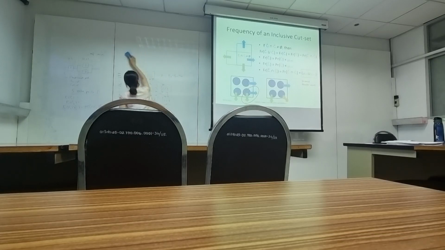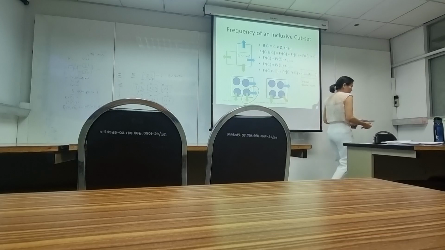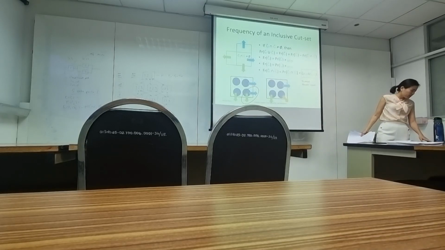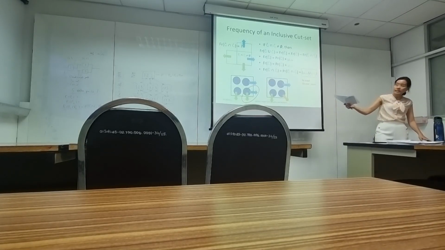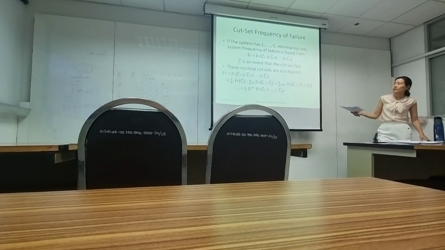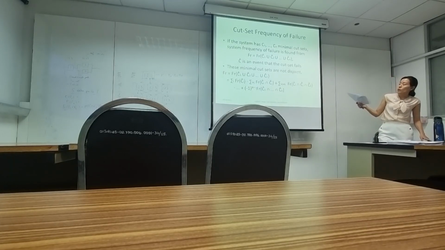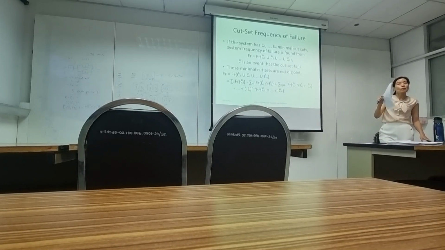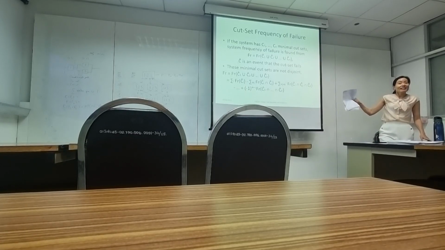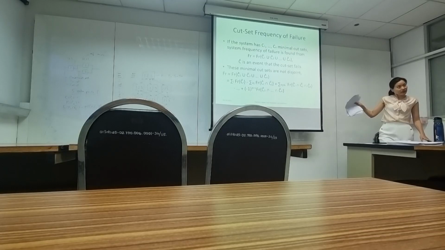I'll just go a bit quick. So this is the frequency of the cut set. The same concept of how you calculate the probability of failure applies to the frequency, except that for the frequency you have the probability multiplied by the equivalent repair rates.